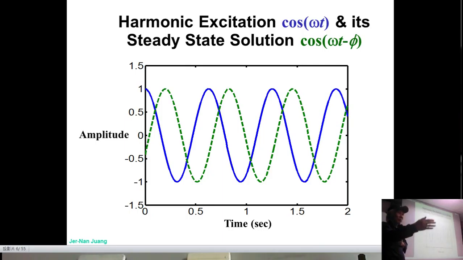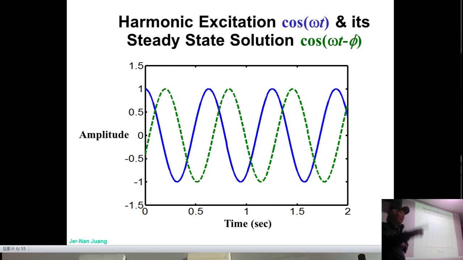In other words, when an earthquake comes in to excite the 101, it doesn't respond right away. It has a phase delay. All right, so you look at that. That's the phase delay. The angle phi tells you how much phase delay you will get. So that has a physical meaning.